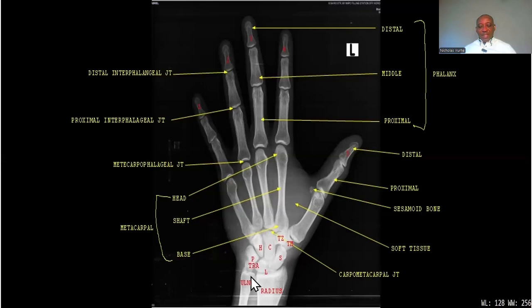And the ulna has a head, the ulnar head. Between the ulna and the radius, there's the distal radio-ulnar joint. And each of them has a styloid process, on the radius and on the ulna.